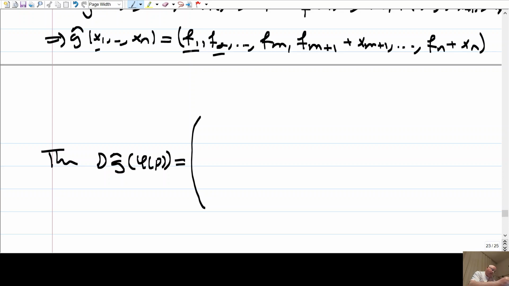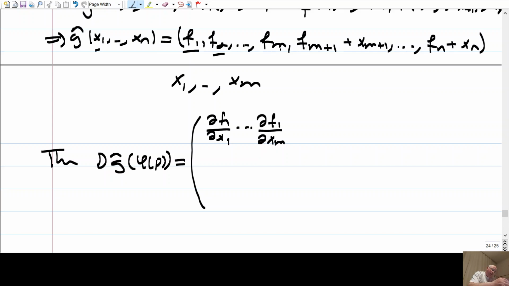Derivative of f1 with respect to x1, and then I go up to derivative of f1 with respect to xm, and then derivative of f1 with respect to x_{m+1}. But these fi's, all of them are functions of x1 up to xm, right?